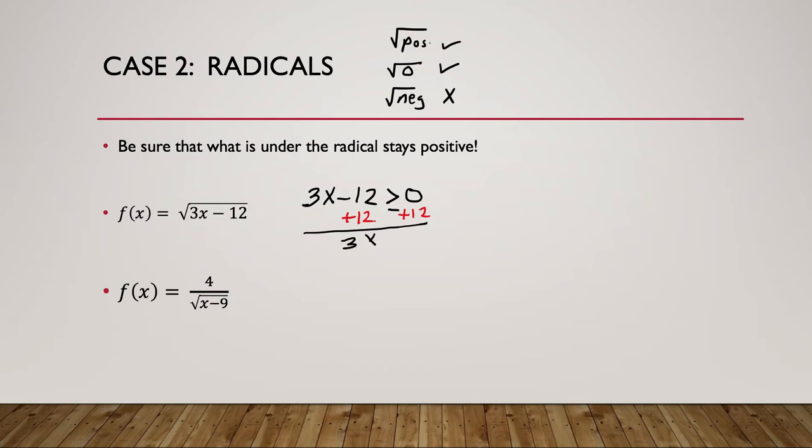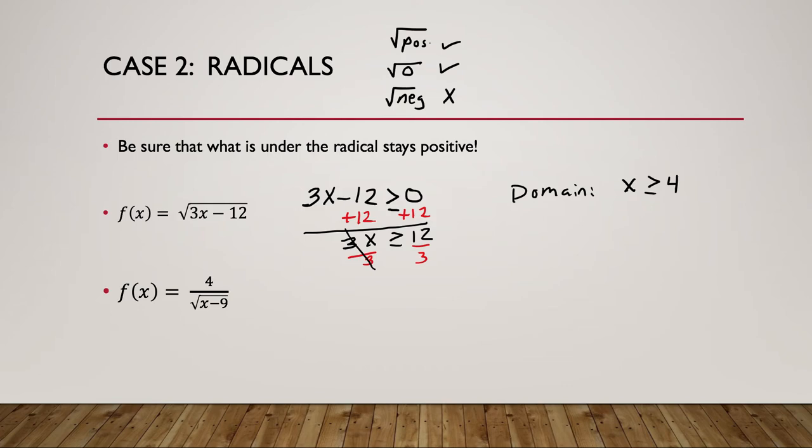So that's going to give me 3x is greater than or equal to 12. And then I'm going to divide both sides by 3. And so my domain is going to be the x values that are greater than or equal to 4.